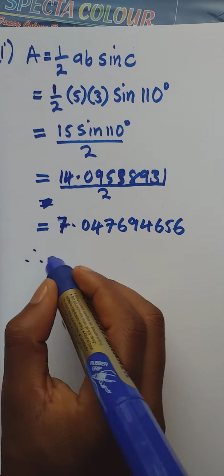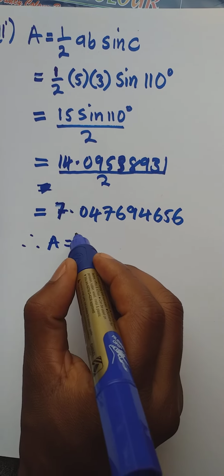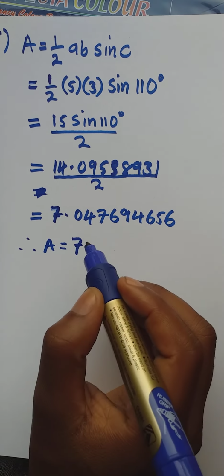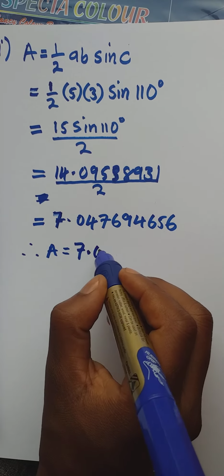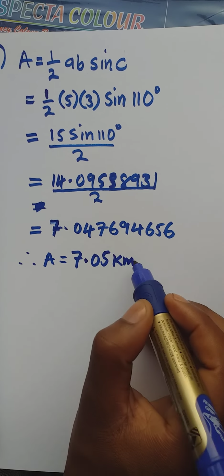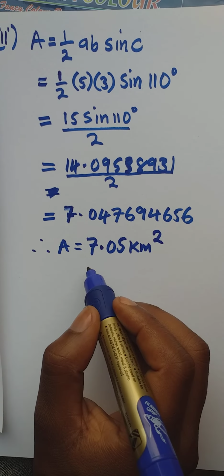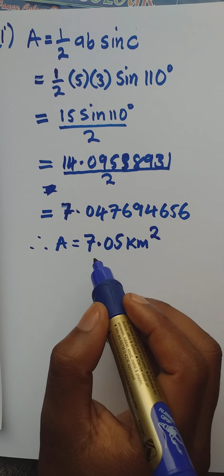So therefore our area of the triangle, we leave, like we said, 3 significant figures, 7.05. Remember the distances are in kilometers, and for area we have a square, so it's 7.05 square kilometers.